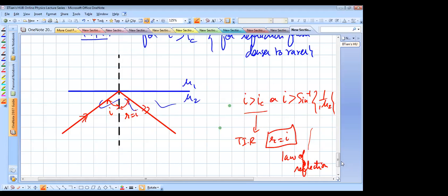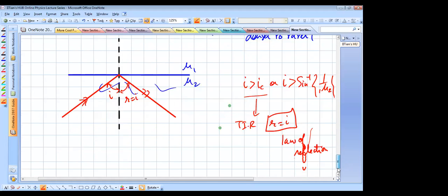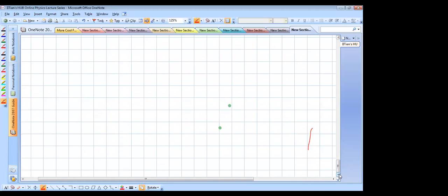Okay, so let's look at this with an example. Suppose we have a triangular glass prism like this.